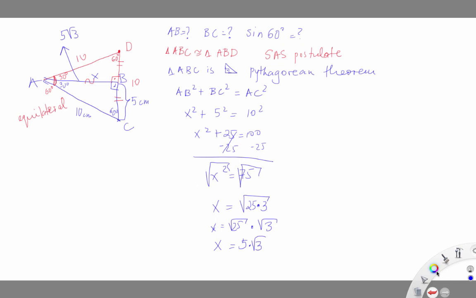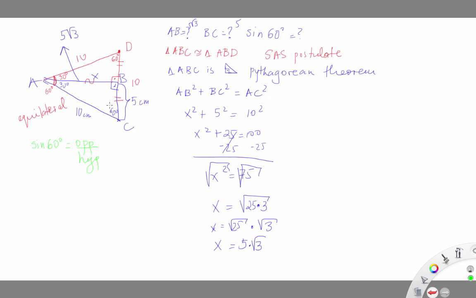Now, I know I found both sides. I found that AB is 5 square root of 3, and I found that BC is simply equal to 5. And I know that the hypotenuse is 10. I'm going to use that information to find sine of 60 degrees. Sine is equal to opposite side divided by the hypotenuse.